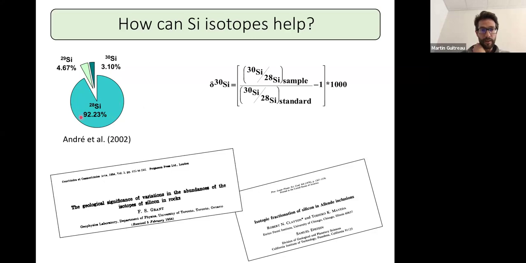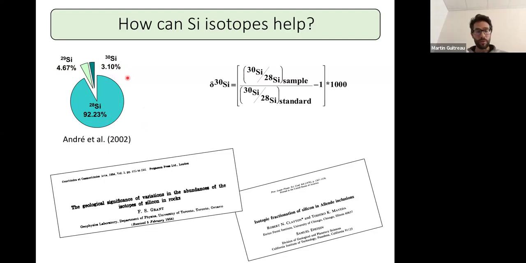One, which is 28 silicon, is 92% abundant, which means that the silicon you will measure is made of 28 silicon by 92%, and the rest is a tiny abundance, 4.67 for the 29 isotope and 3.1 for the silicon 30.